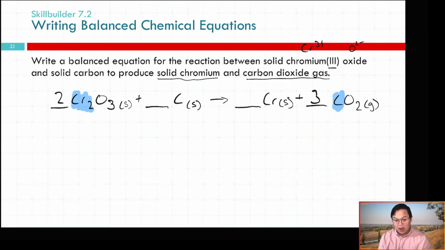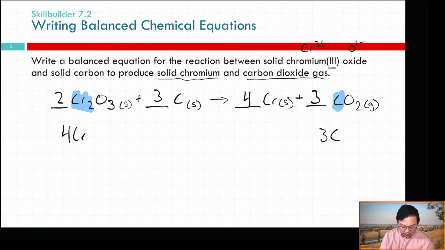So now we can go back and say, okay, we have 4 chromiums on this side. We only have 1 on the right side. But we can add a 4 here, and now the chromium is balanced. And then on the right side, we have 3 carbons, and we have 1 on the left side, but we can just add a 3, and that balances.